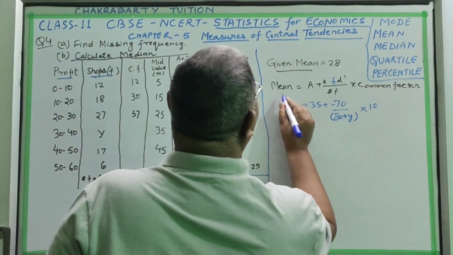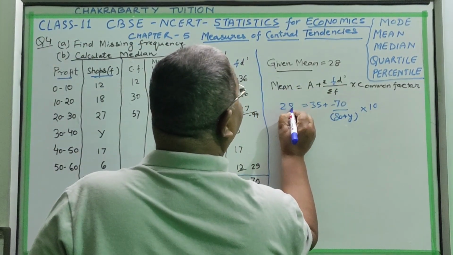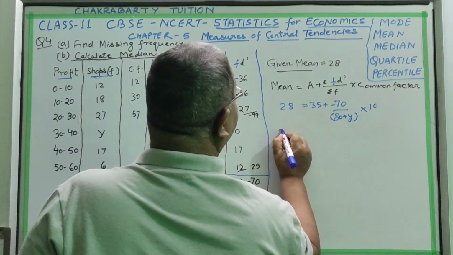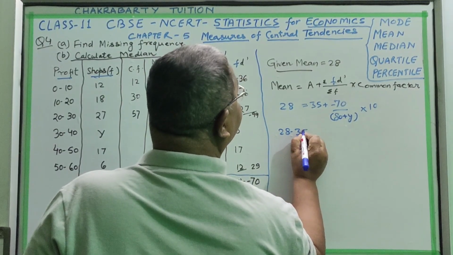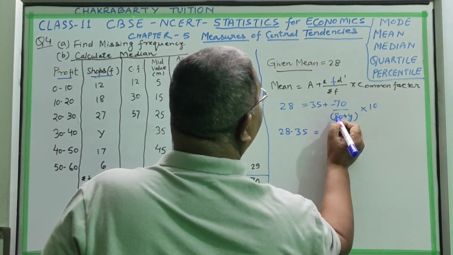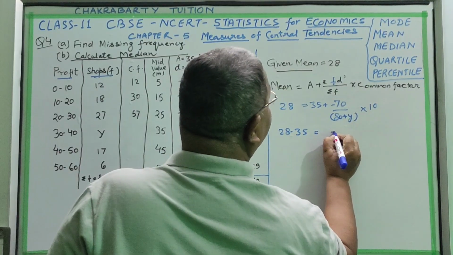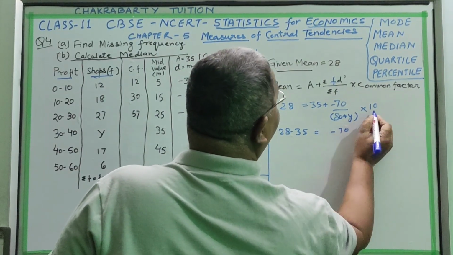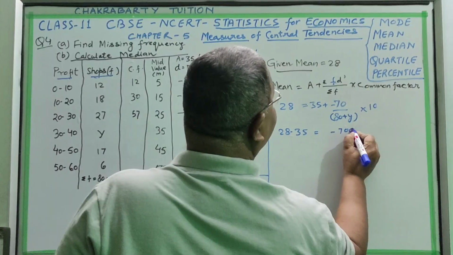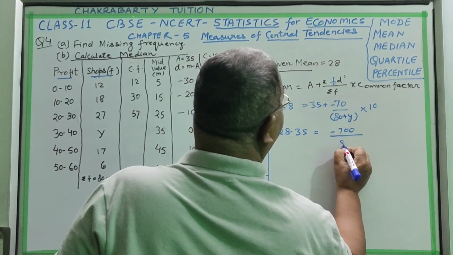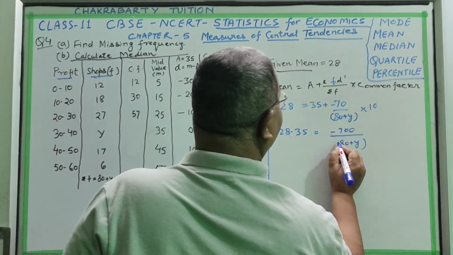Now we can solve, and here the mean of 28 is already given. So this 35 you bring to this side. 28 minus 35 is equal to, now it has become minus 70, and by 10 we can multiply it, so it will be minus 700 upon 80 plus y. It will be one figure.